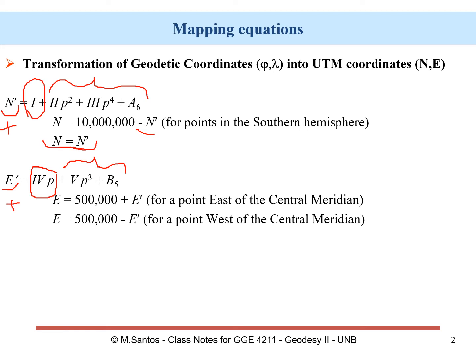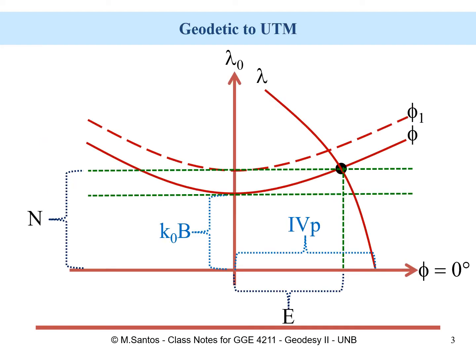For the eastings, if the point is located to the east of the central meridian, we're going to add 500,000. If the point is to the west of the central meridian, we're going to subtract 500,000 from E prime.